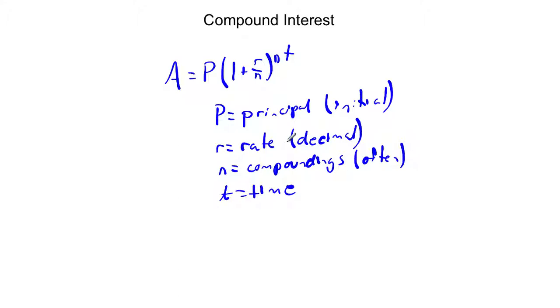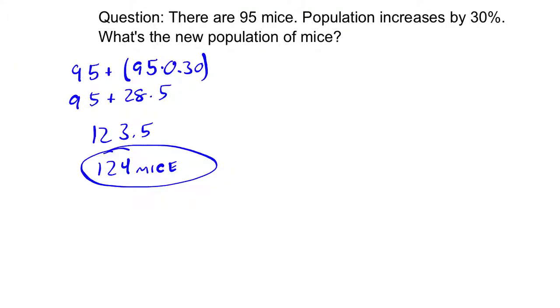And so 30% of, for example, the mice population from our previous example, 30% of 95 got us to 124. Then we take 30% of 124. Well, that's going to be larger.